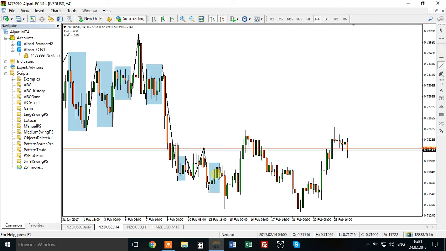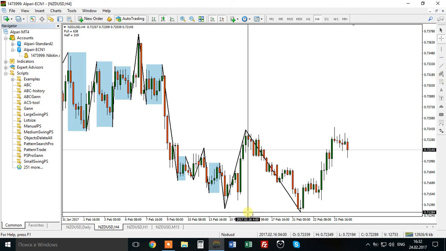Then we had this correction. Obviously it is a valid correction because even this correction that was much smaller was okay. Then we have this, no border is touched. Then we have a stopping impulse upside that stopped this downtrend, and then we have this. Do we have a continuation of the downtrend?